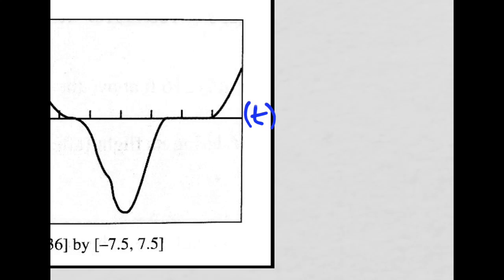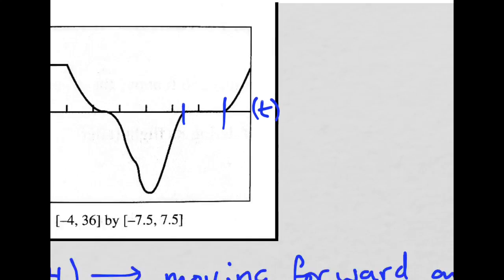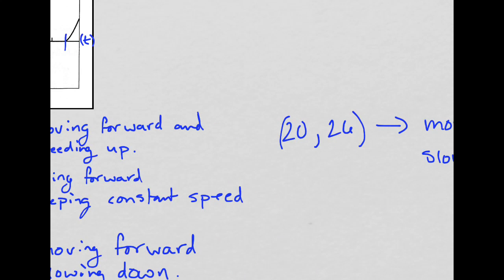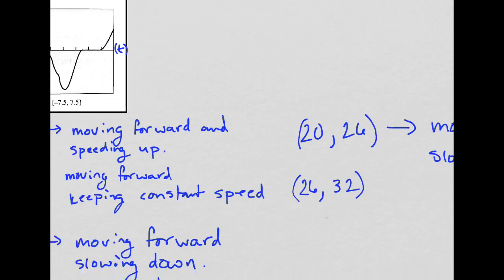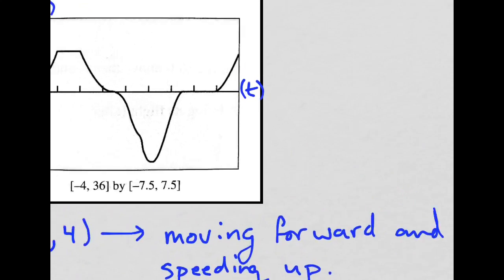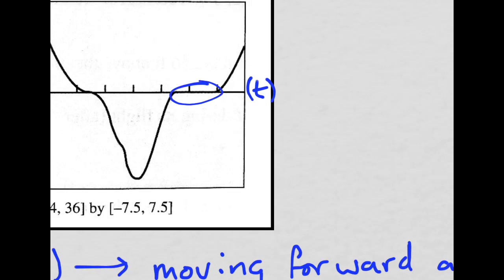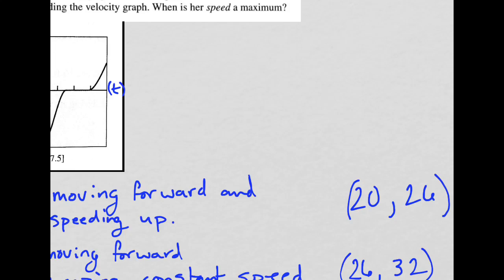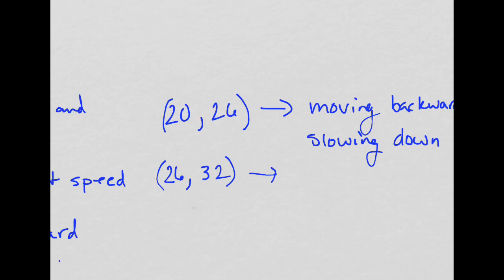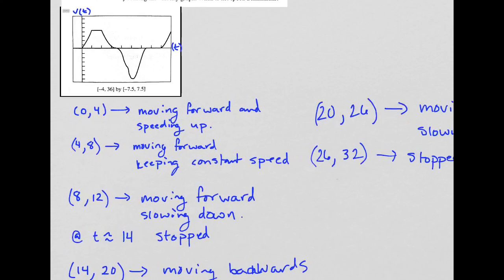And then it looks like from 26 to, what is that, 32, her velocity is 0. And it stays 0 for a while. So she's completely stopped for that interval. So over here, when it just crossed the x-axis, she stopped for an instant and then went backwards.